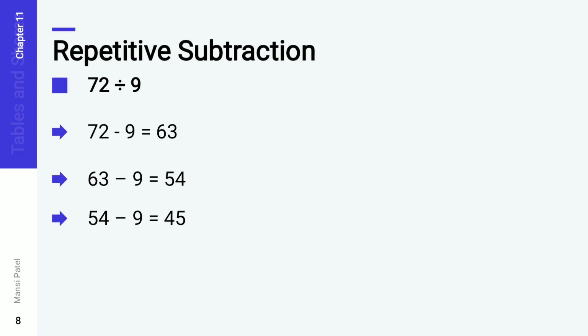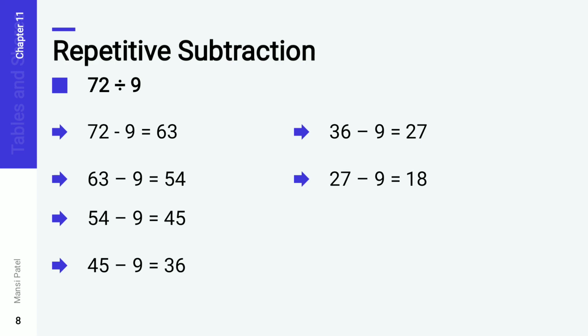Now again from 45 subtract 9. 45 minus 9 is equal to 36. Now again from the previous answer 36, subtract 9. 36 minus 9, 27.